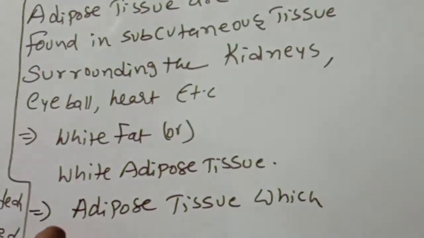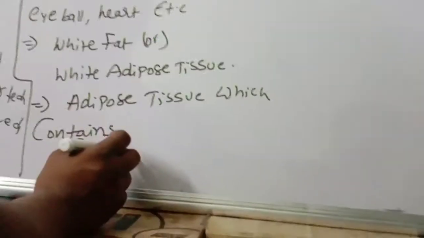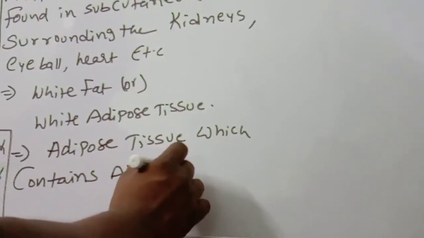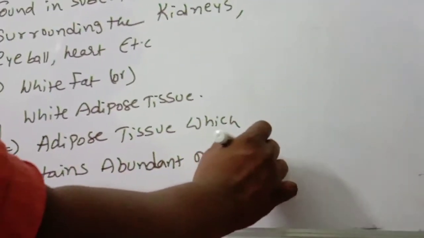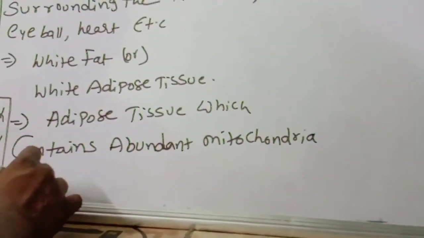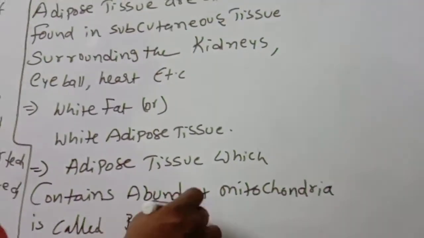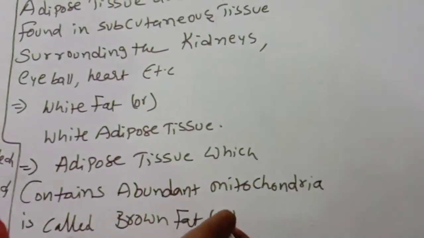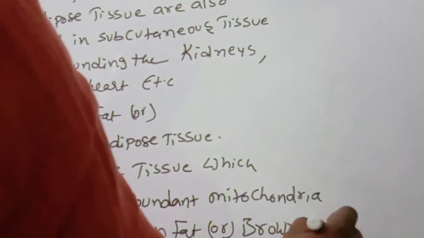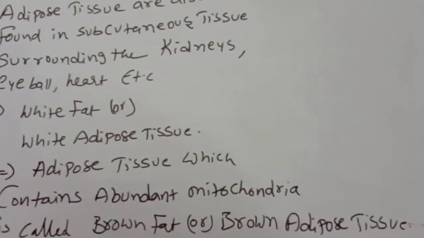Okay, children, very important: adipose tissue which contains abundant mitochondria is called brown fat or brown adipose tissue.